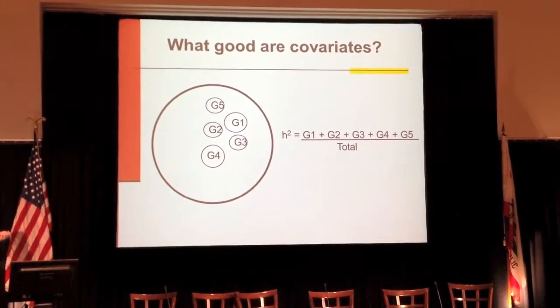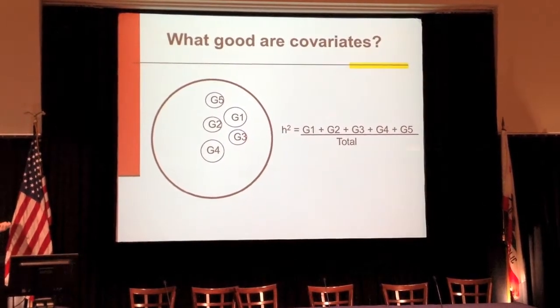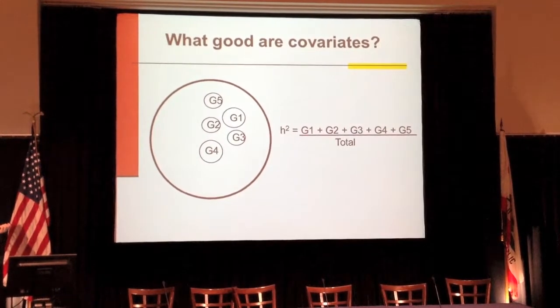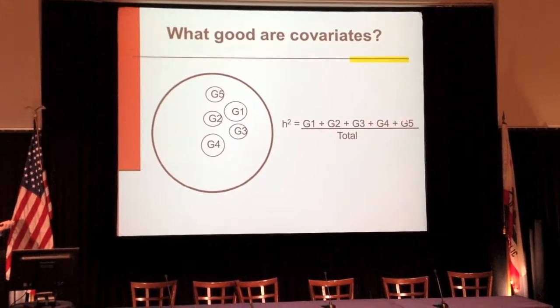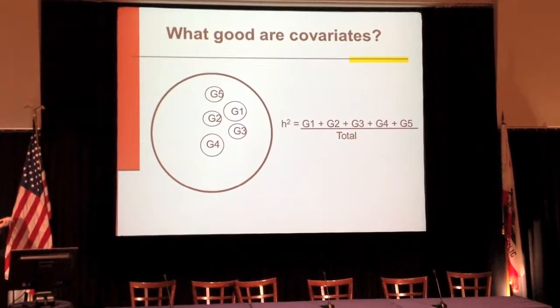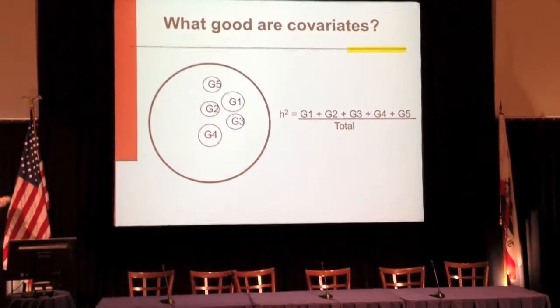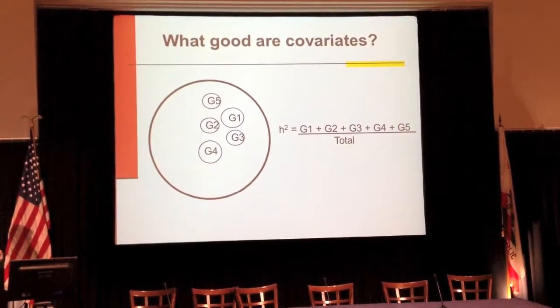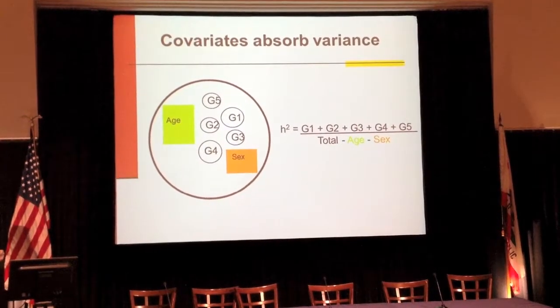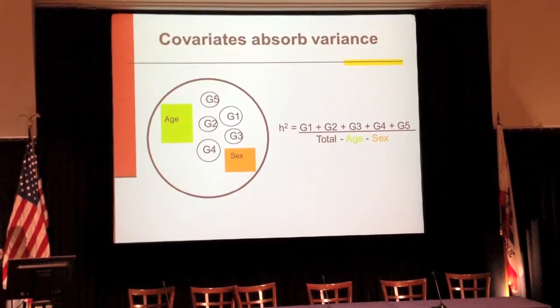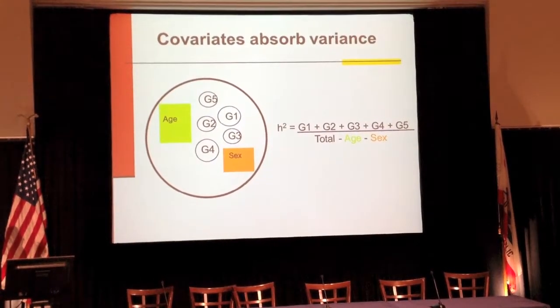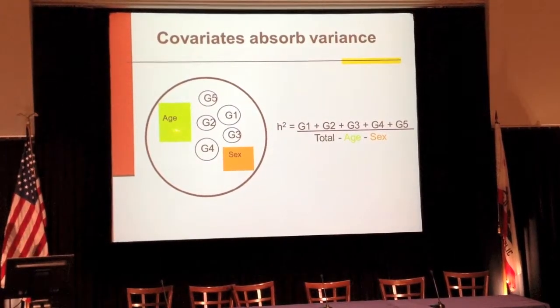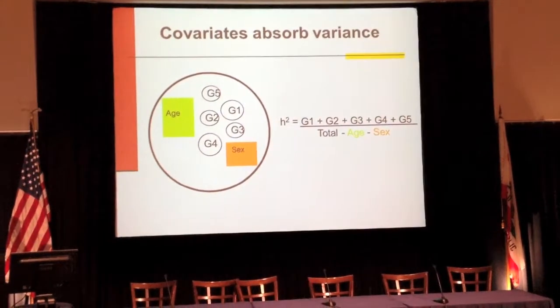So in this case, the heritability will basically be the area under each of those genetic circle factors divided by the total area of this circle. Perfectly sensible. Now, what if some of that variance can be absorbed by covariates such as age and sex?